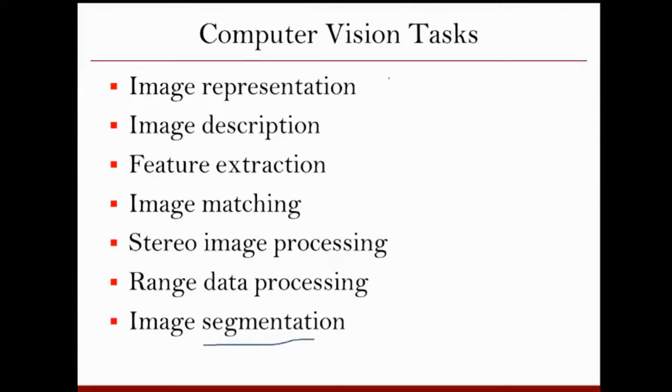These are the common tasks that we normally do when we perform any computer vision task. For example, in face recognition, we do feature extraction and image matching. Or similarly, let's say we want to see multiple pictures of a scene, and then using those cues, we want to create a 3D structure. So you might be doing range data processing, and things like that.